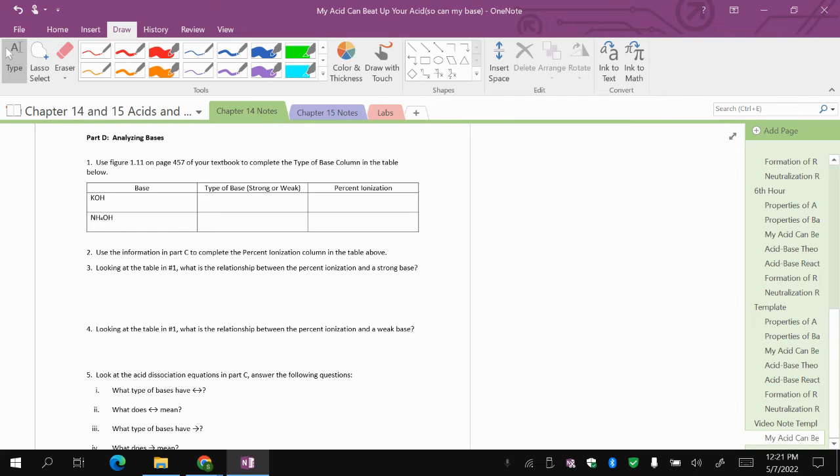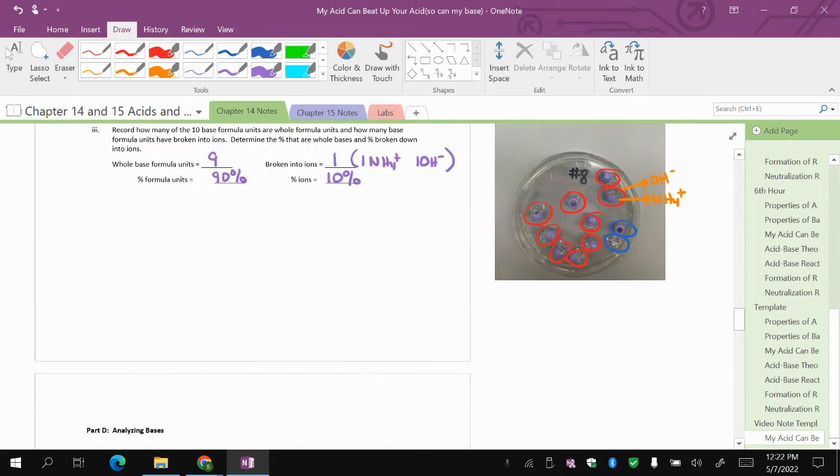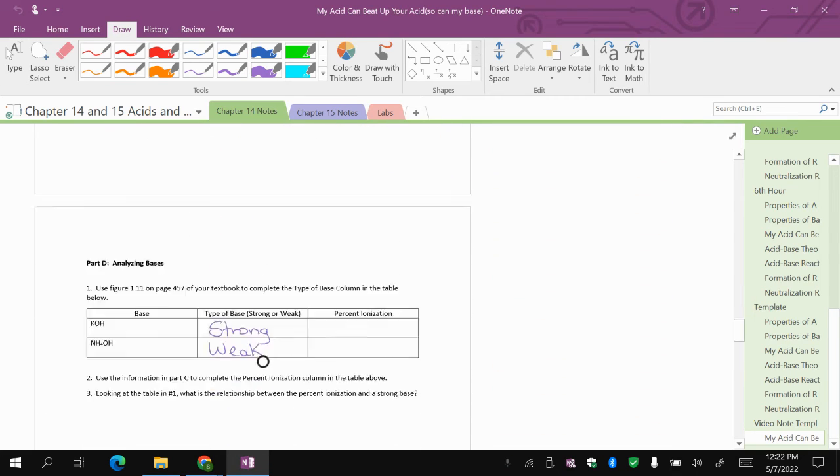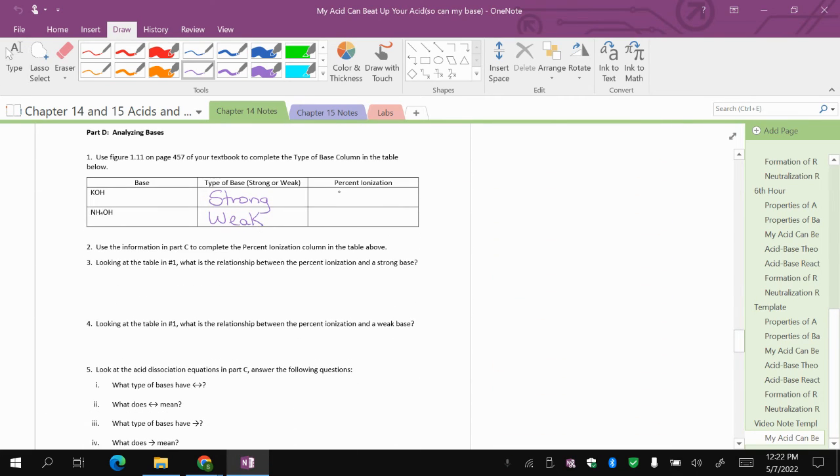So the type of base for potassium hydroxide is a strong base, and ammonium hydroxide is a weak base. Looking at our data from our handout, the potassium hydroxide was 100% ionization. The ammonium hydroxide was 10% ionization.